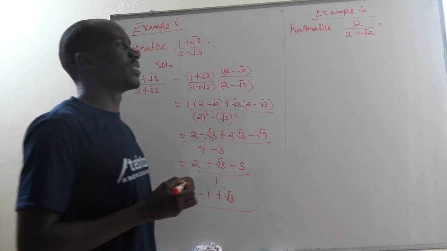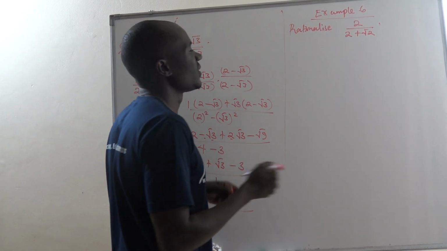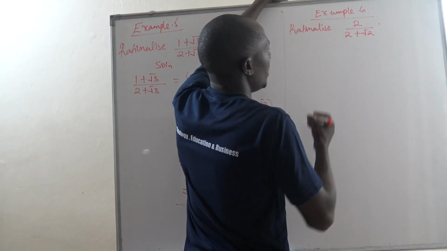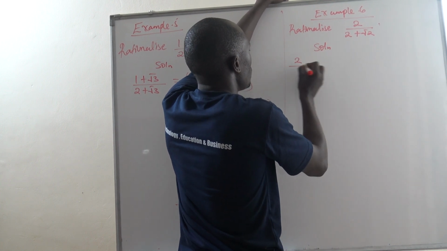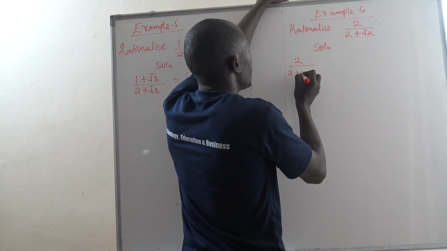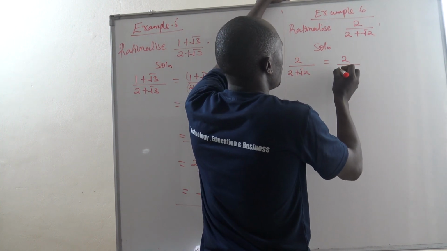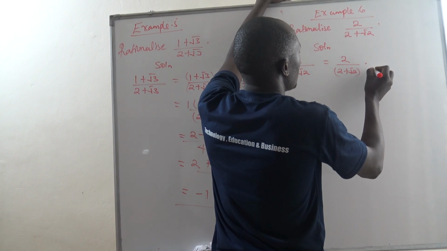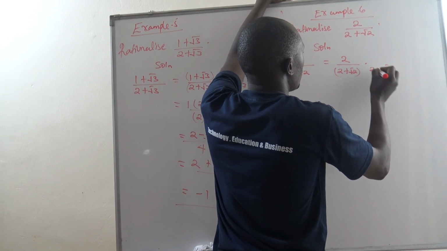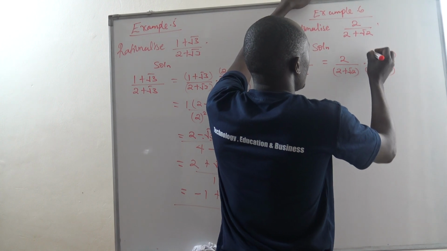So the same story, we are going to take the conjugate on the denominator. Solution: 2 all over (2 plus root 2) is the same as 2 all over (2 plus root 2) times (2 minus root 2). What you do down, you also do up: (2 minus root 2).